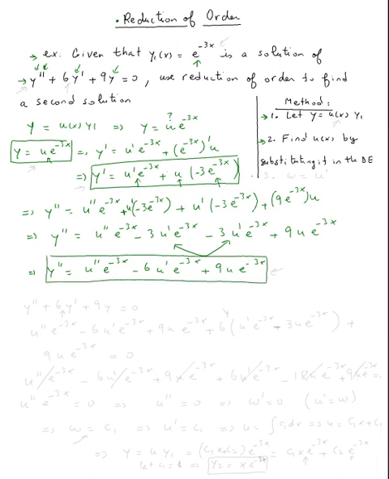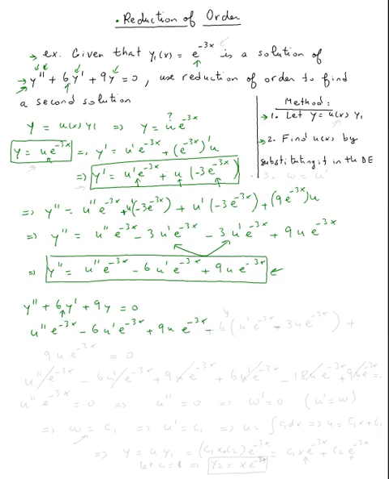Now let's plug everything in there. Let me rewrite it. The equation says y second derivative plus 6 times first derivative plus 9y is equal to 0. This means what? The second derivative is right there: u double prime e to the negative 3x minus 6u prime e to the negative 3x plus 9u e to the negative 3x, and then plus 6y prime, see?